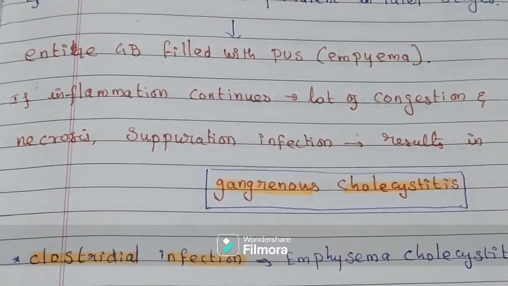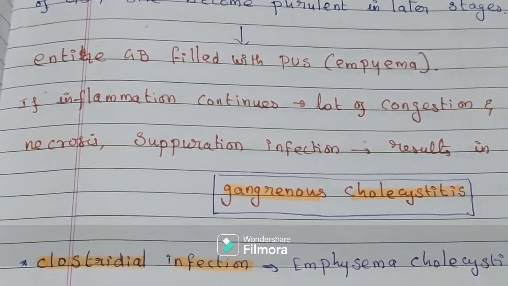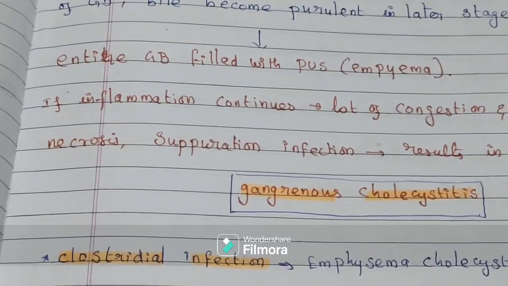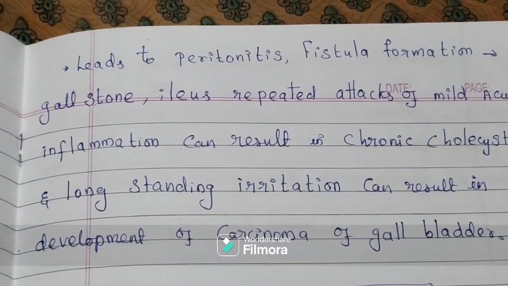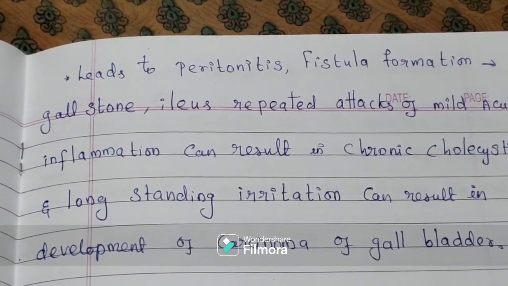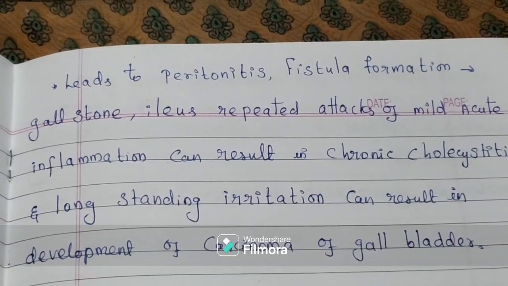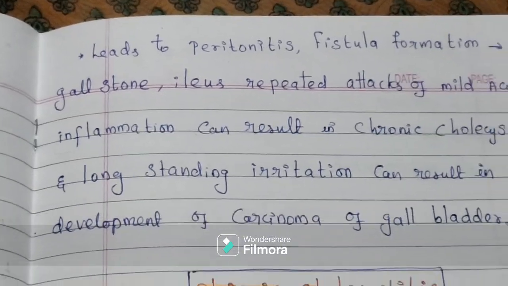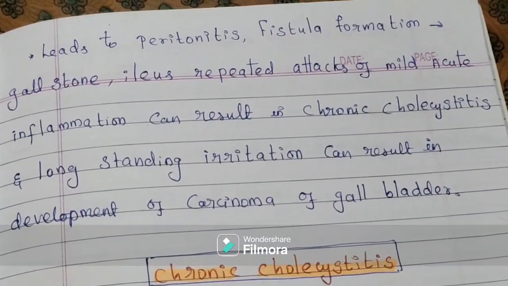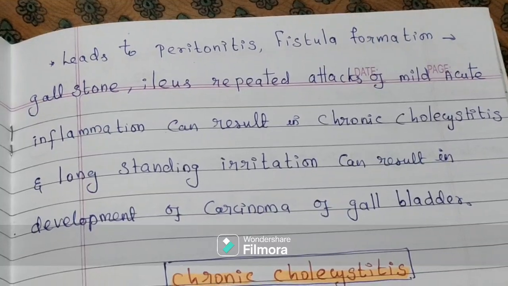Already discussed, if the content is too much, the gallbladder cannot contain it. It can result in perforation that may lead to peritonitis and fistula formation. It can also lead to gallstone ileus.